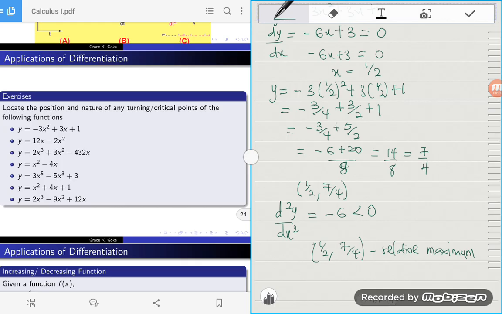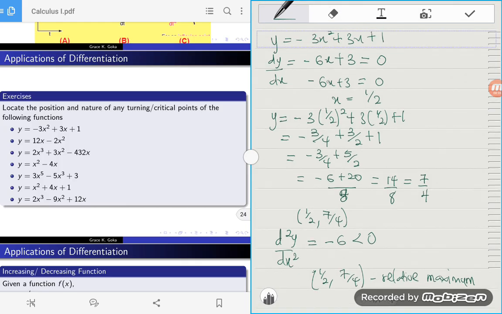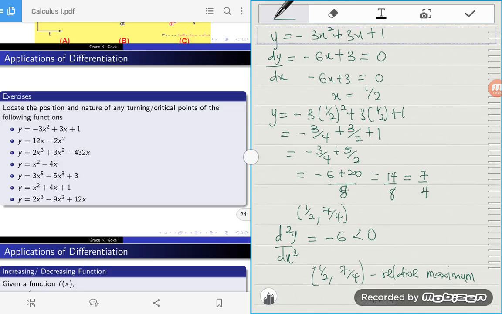So if we find the first derivative, then we equate it to 0, that will give us the point at which the curve changes its direction.